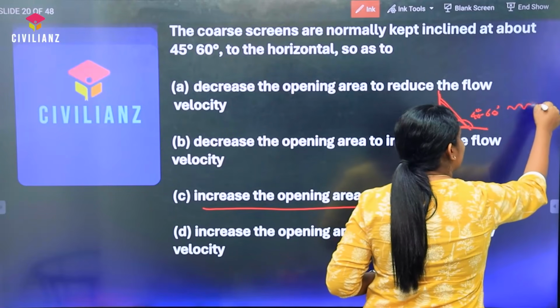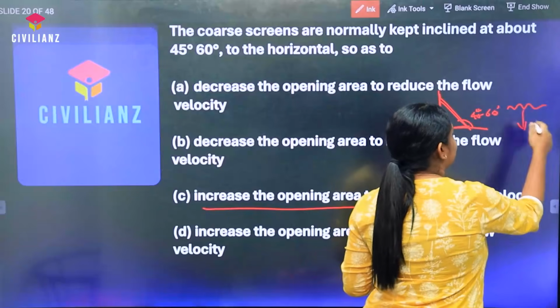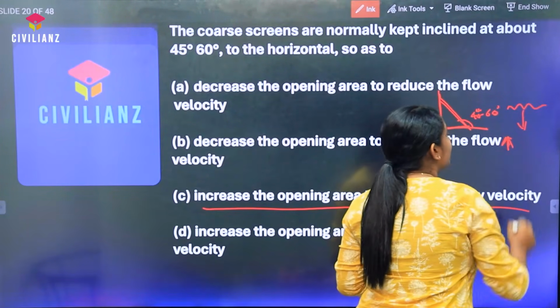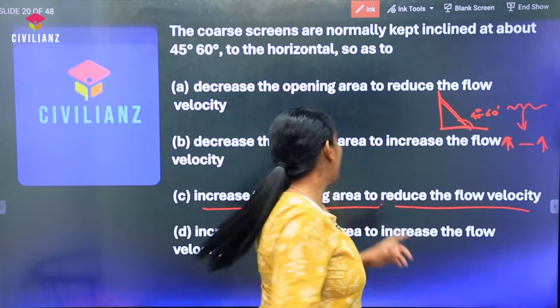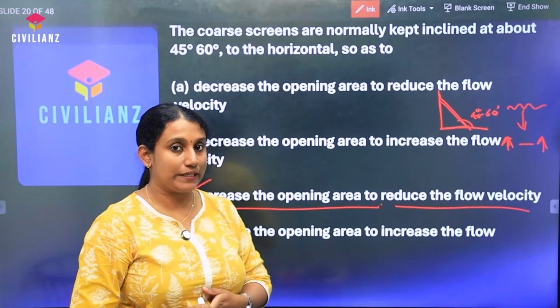Flow velocity reduced means the effect of screening increases, so efficiency also increases. So option C is the correct answer.